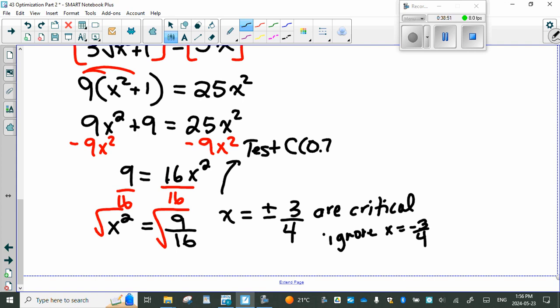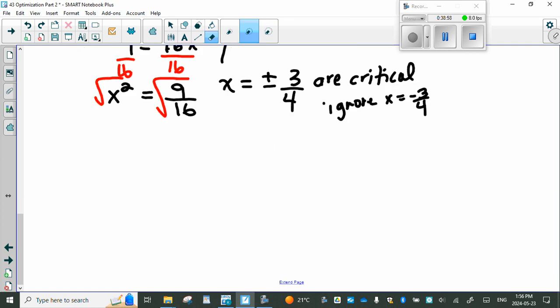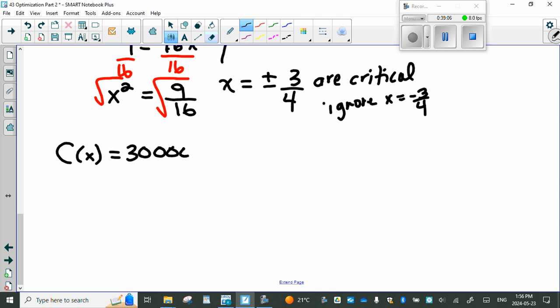I think I'm running out of room. I think I'm going to have to do it over here. I won't have room. Okay, so can someone read out what our cost equation was? 30,000 times 4 minus x plus 50,000 times the square root of x squared plus 1. Thank you very much, Lynn.